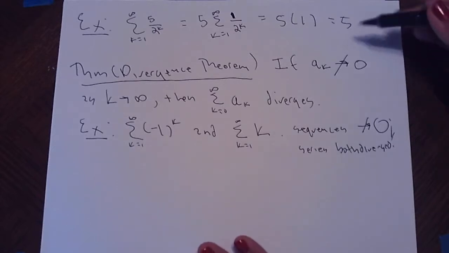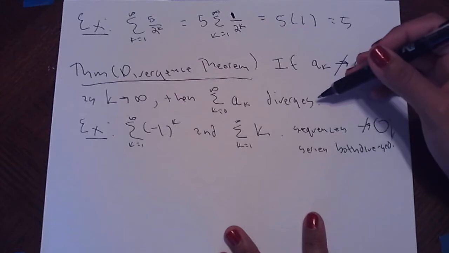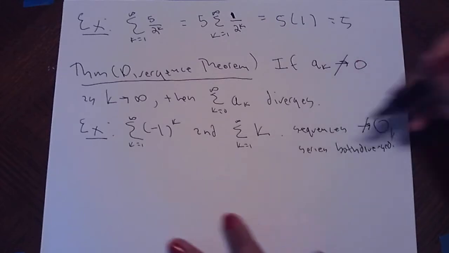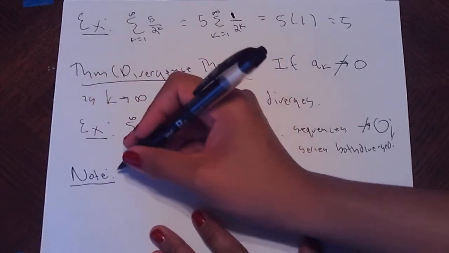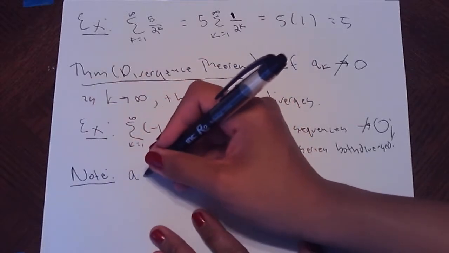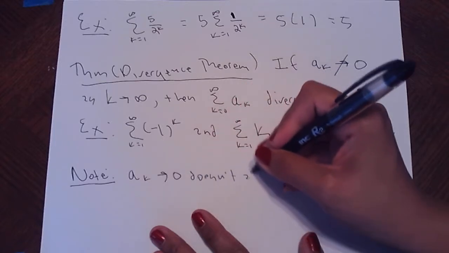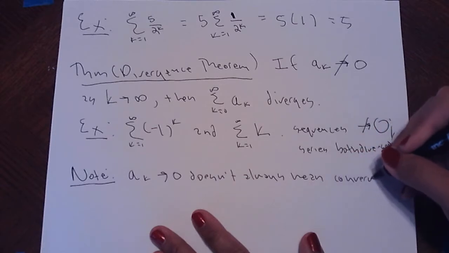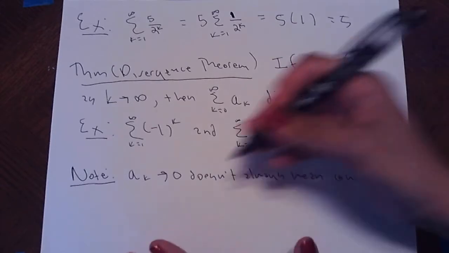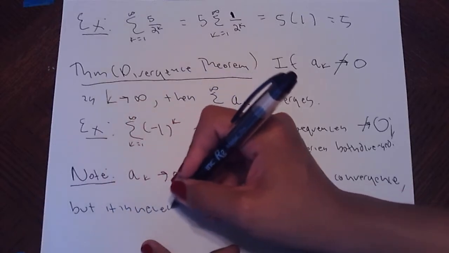What I mean by the converse statement is that if your sequence goes to 0, this doesn't mean convergence. So I'll go ahead and write this as a cautionary note: a sub k going to 0 doesn't always mean convergence, but it is necessary for it to happen.